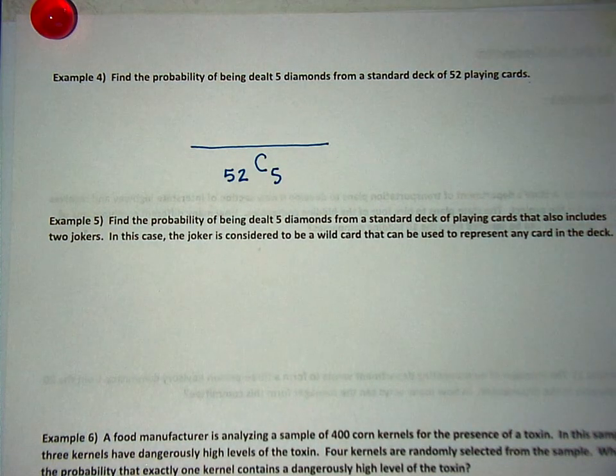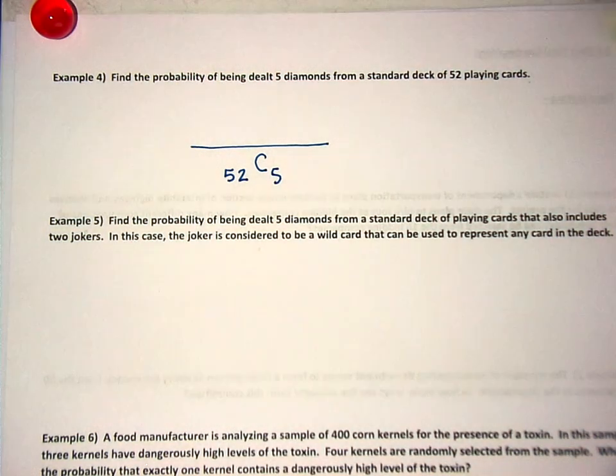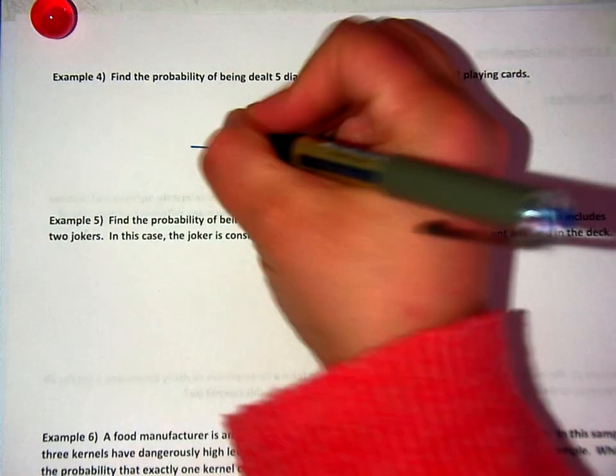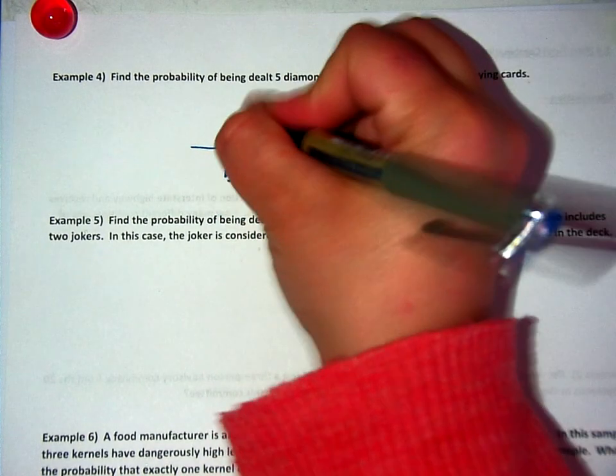All right. Now we want them all to be diamonds, right? How many diamonds are in a deck? 13. And how many do we want? 5. And it doesn't matter what order we get them in.